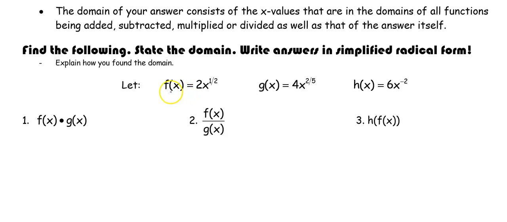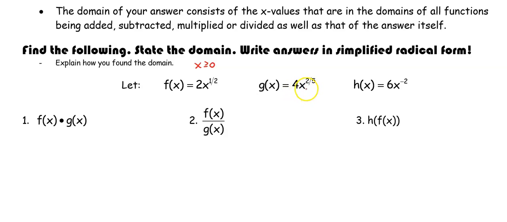So we have f of x is equal to 2x to the 1/2, our g of x, our h of x. I like to start with the original pieces and list the domains first. This first one, I have an even root. Because I have an even root, I can't have negatives. You saw above, really we only have restrictions from even roots and fractions.